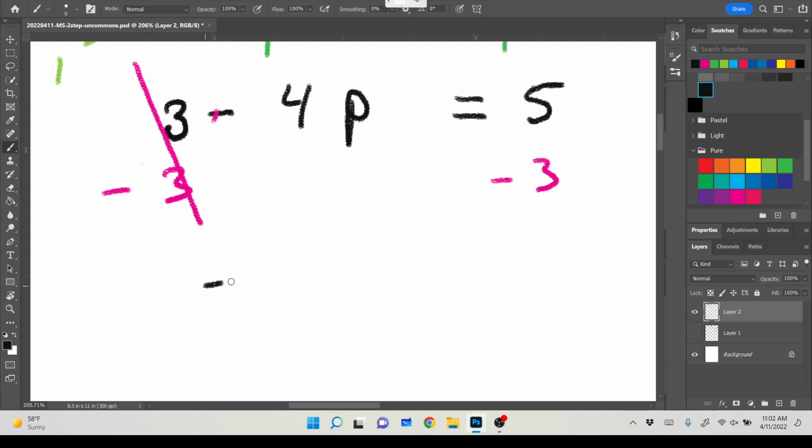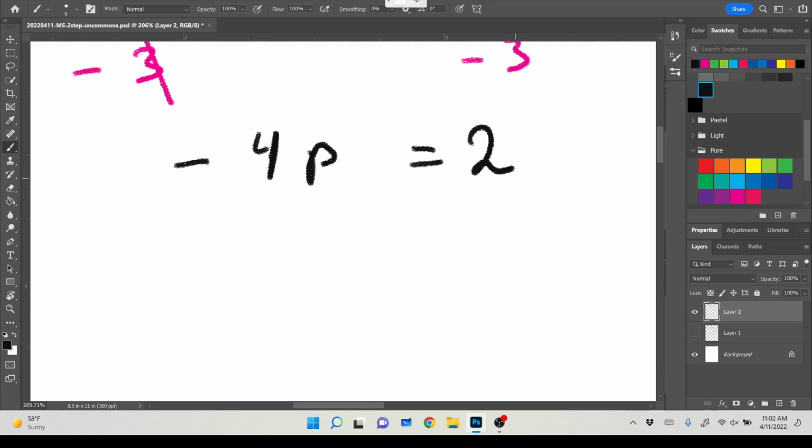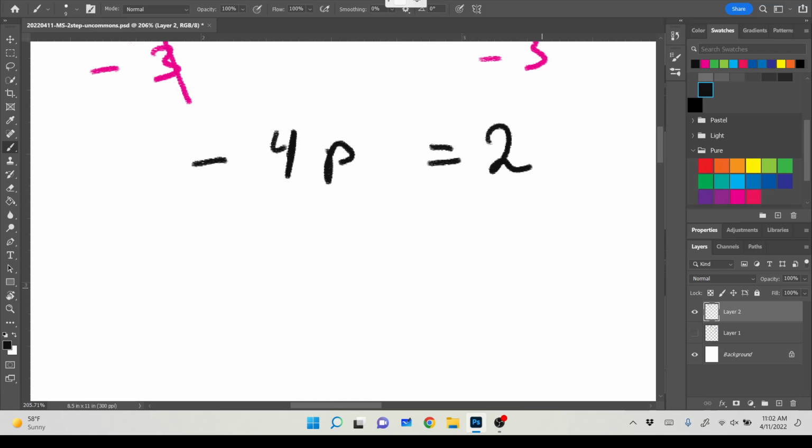We bring down minus 4p equals, and then 5 minus 3 is 2. Are you good? Okay. In this problem, at this point, what are we going to do? Divide by negative 4, right?